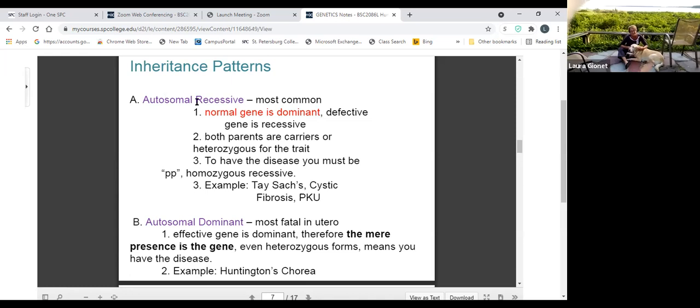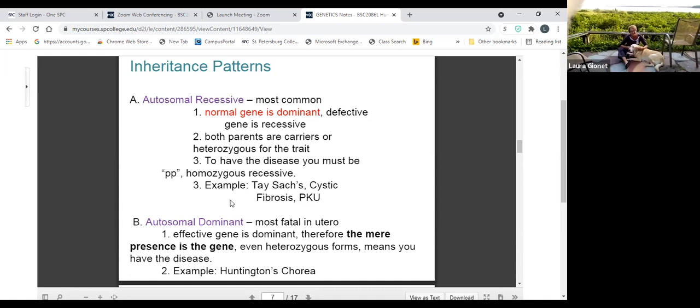That's why in the autosomal recessive, if the normal gene is dominant, it means, let's say down below, we can talk about Tay-Sachs disease, right? So let's just use a T for that. Because normal dominates, we're going to have a capital T and a capital T, or a capital T, lowercase t, because we said normal dominates.